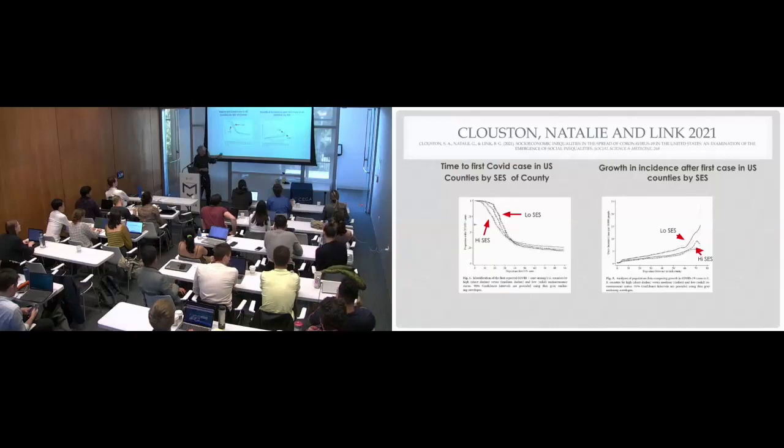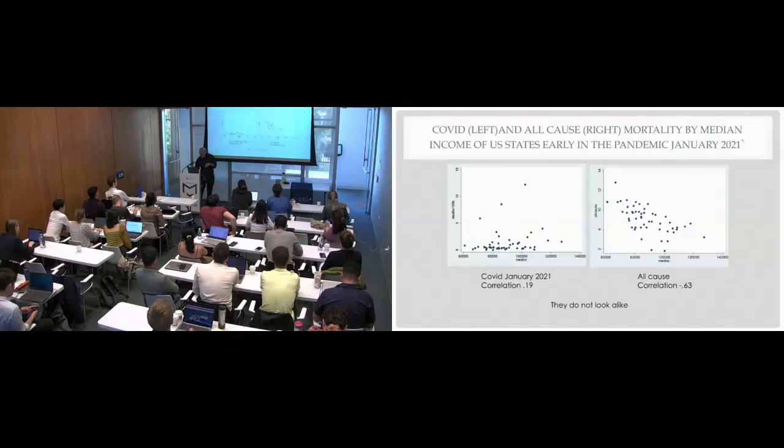But then on the right-hand side is once the first case is expressed, how fast in those counties does the incidence grow? And it grows much more rapidly in low SES. This is a way of our trying to test this with COVID data.